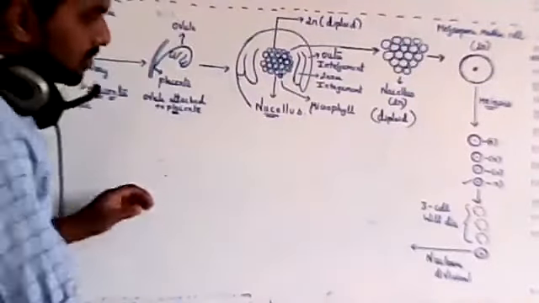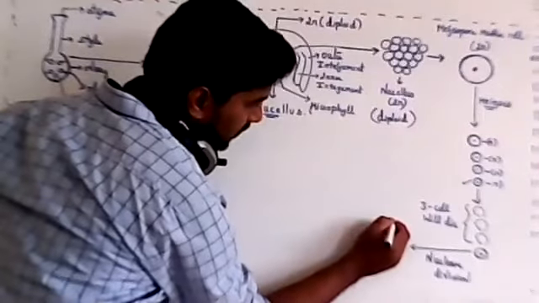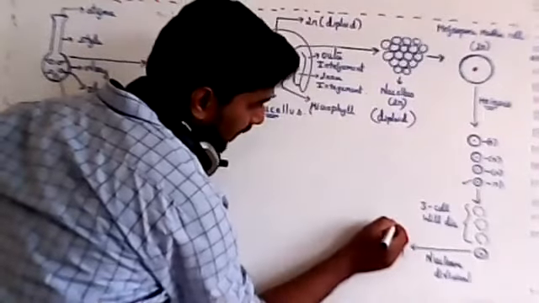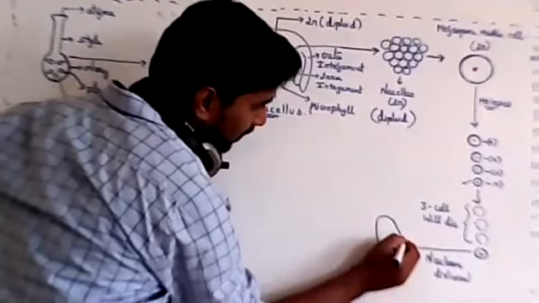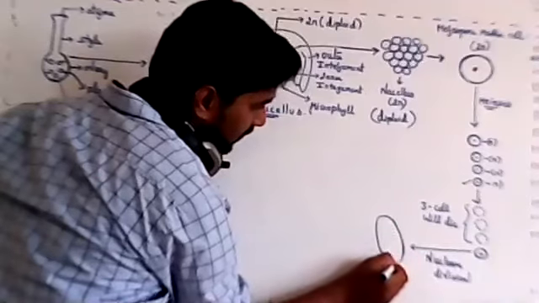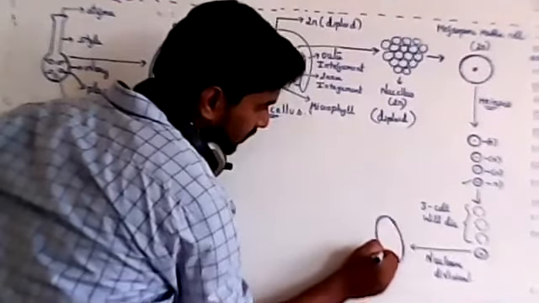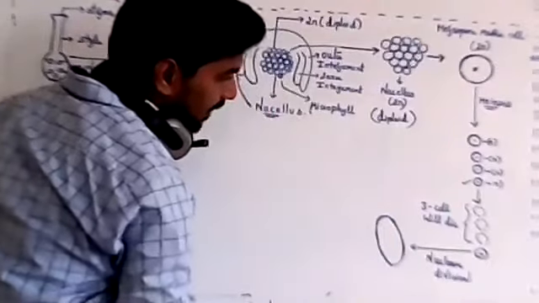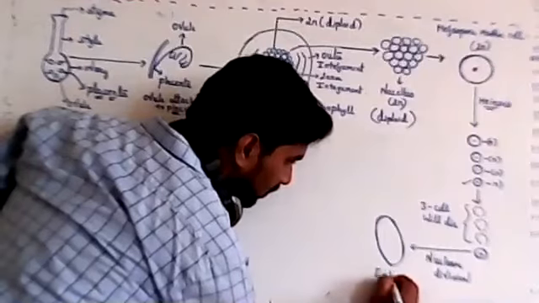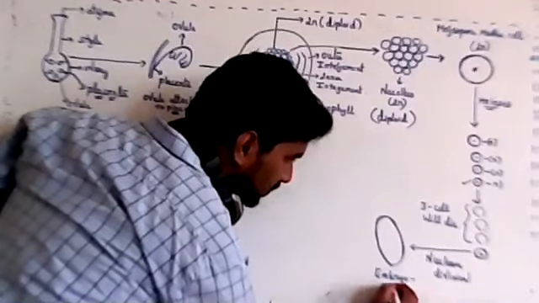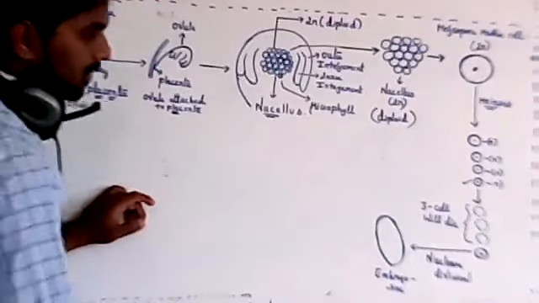Its size will increase, and it will try to form a sac-like structure which is known as the embryo sac. The embryo sac will contain the female gamete. So that sac-like structure is called the embryo sac.